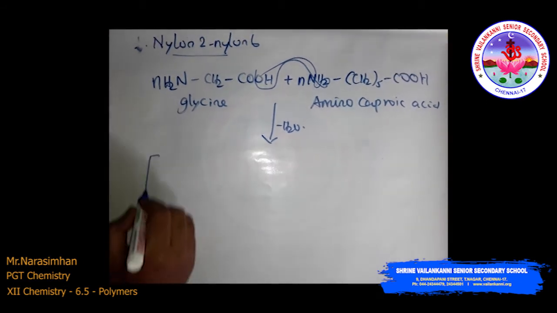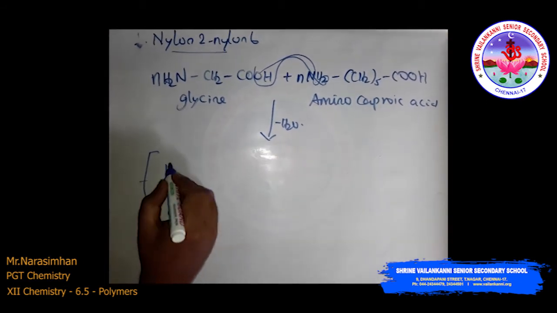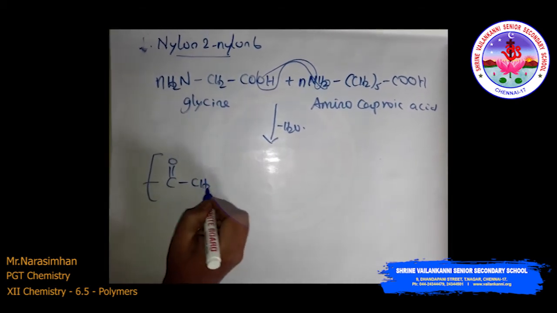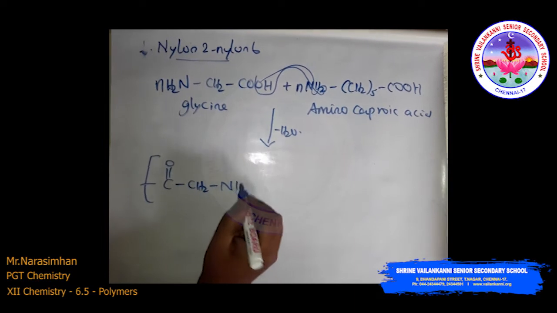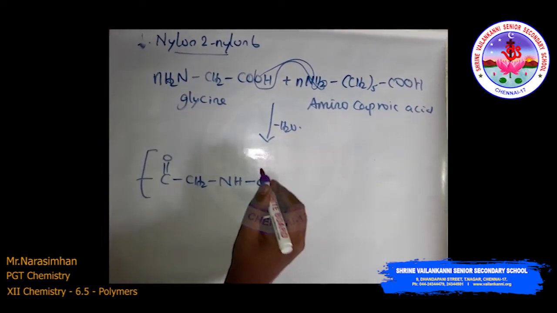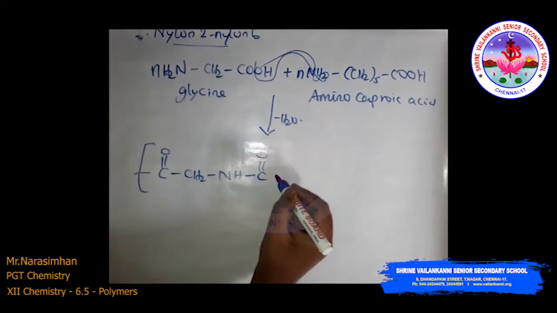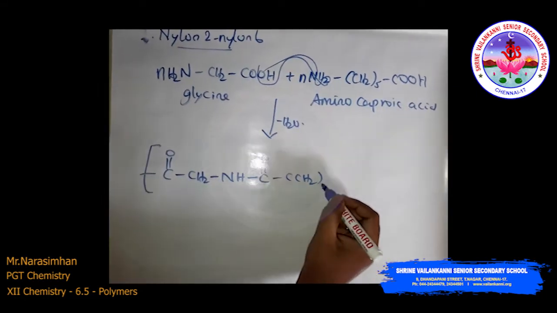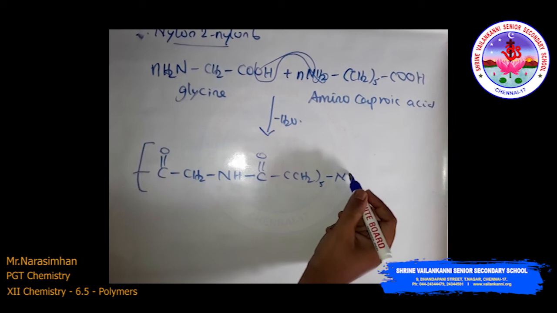The structure will be like this: C double bond O, CH2 NH, then C double bond O, (CH2) 5 times and NH.